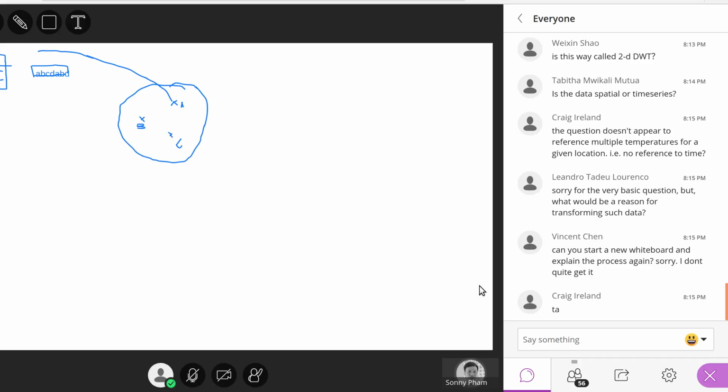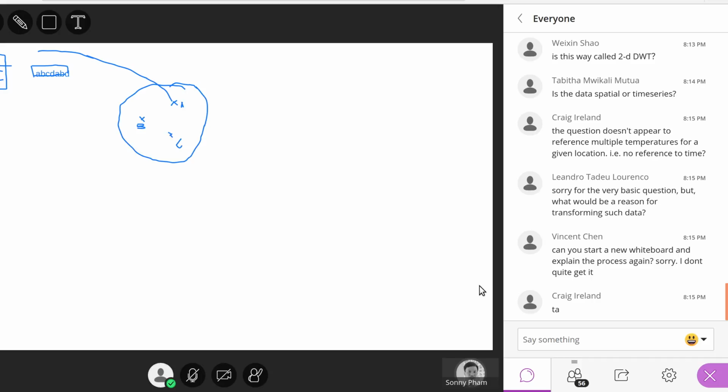If you want to analyze the image, you better use some transform that can capture the behavior of the temperature values. In image processing, for example, if you want to compress an image, you might just apply some transform on it and get some coefficients, similar to the time series that I mentioned before.